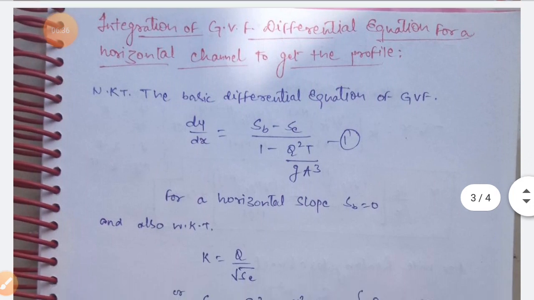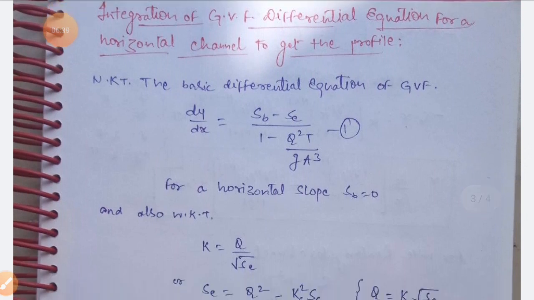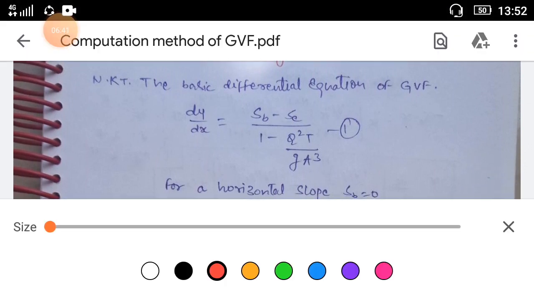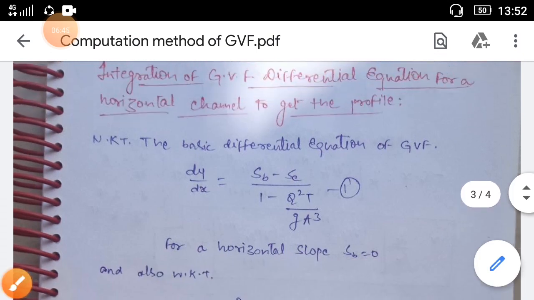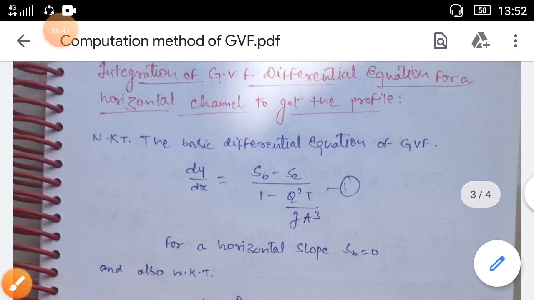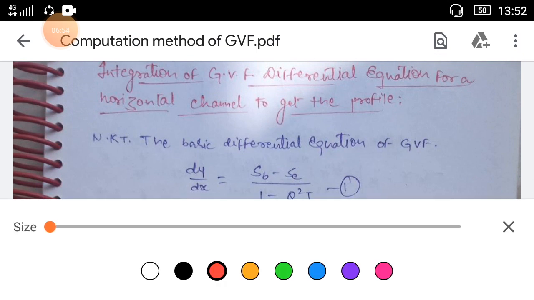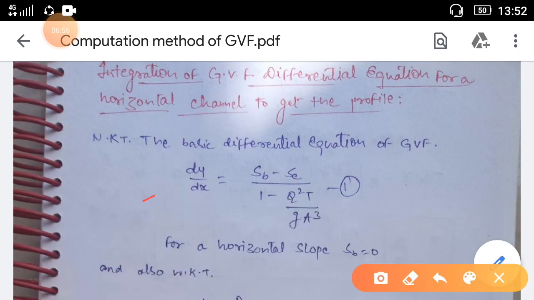So it is basically for the rectangular channel, and in which we are going to start with a particular equation which has already been derived previously: dy/dx, the slope of the flow water surface, equals (slope of bed minus slope of energy) upon (1 minus Q square T upon g A cube).